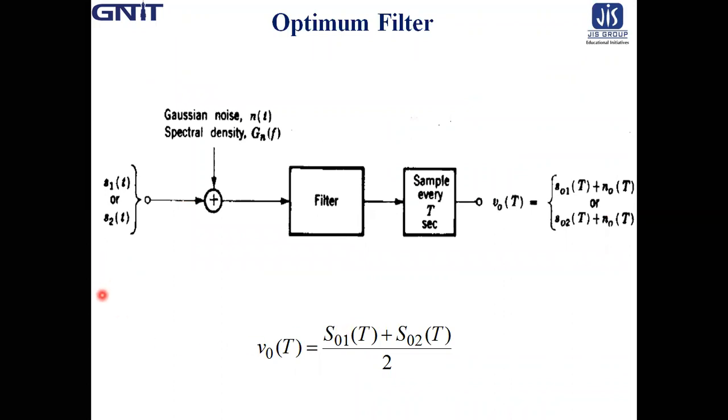In case of baseband signal receiver, the signal was passed through a filter, that is integrator, so that at the sampling time, the signal voltage might be emphasized in comparison with the noise voltage. We are now naturally led to ask whether the integrator is the optimum filter for the purpose of minimizing the probability of error.